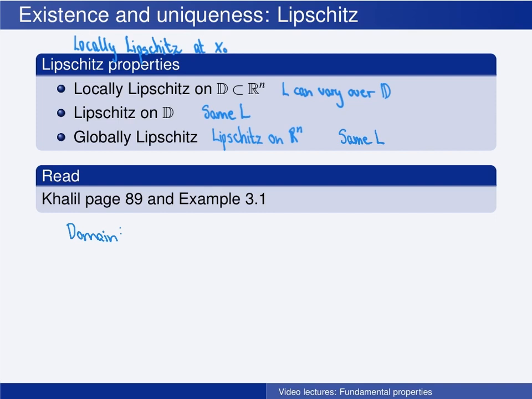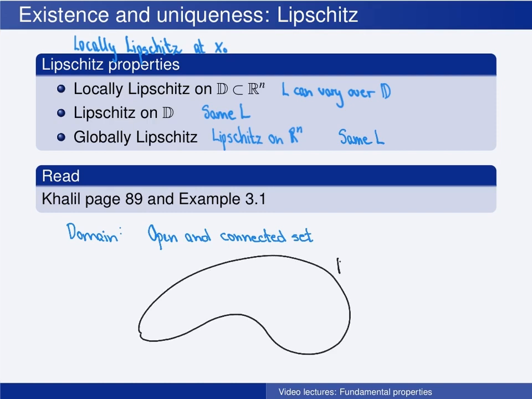And for those of you who wondered what a domain is, a domain is an open and connected set. So we have some set D. That it is open has a very precise mathematical definition. But you can interpret an open set as a set that does not contain its border.